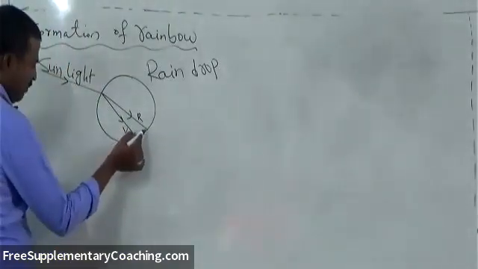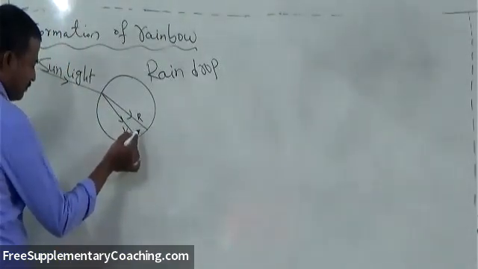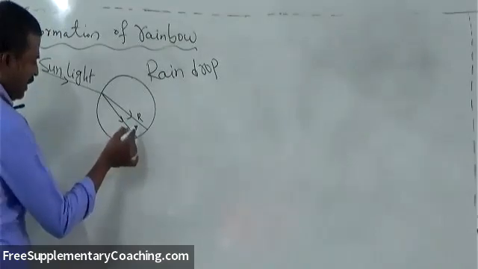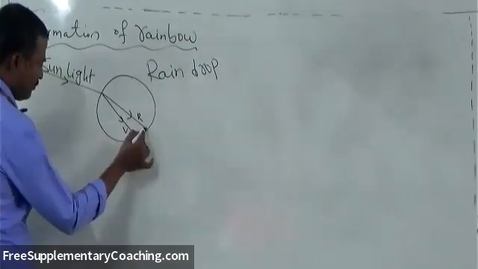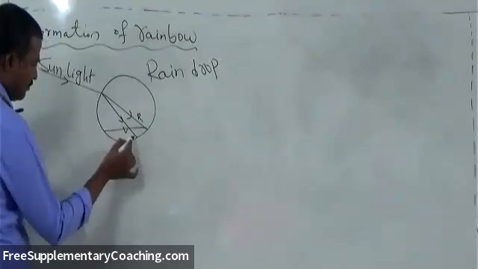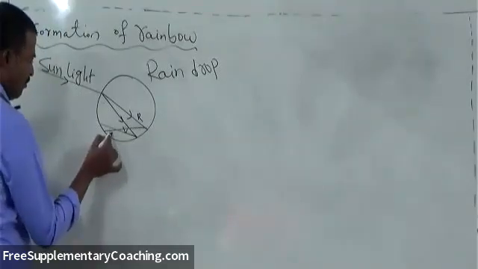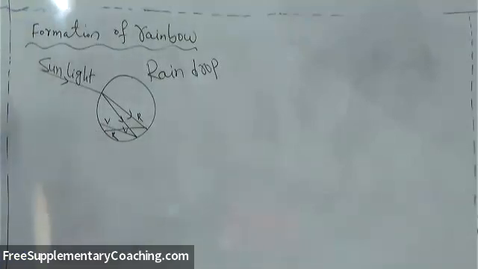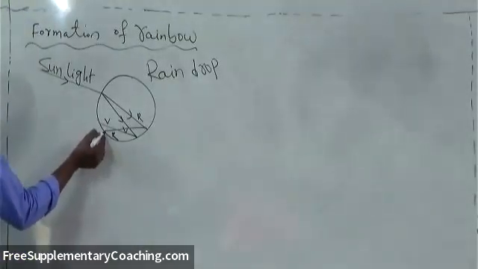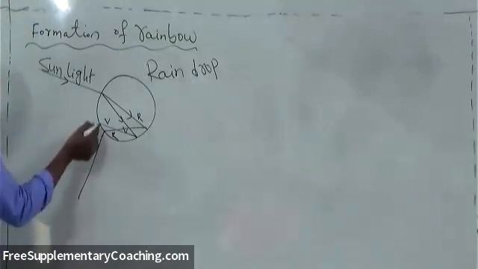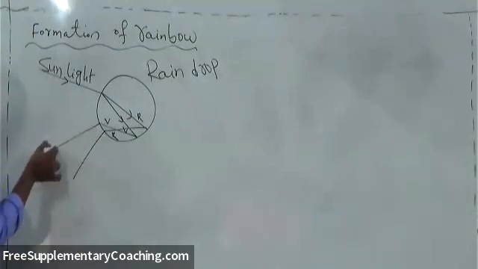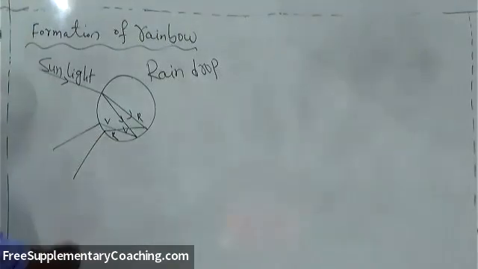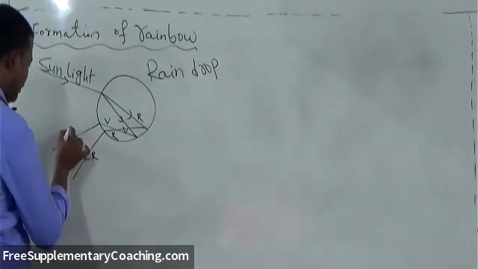Internal reflection takes place, like this. This is red, this is violet. And from here refraction takes place, like this. Here red color, this is violet color.